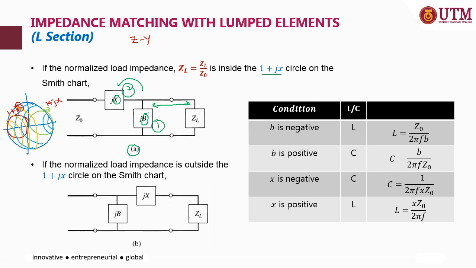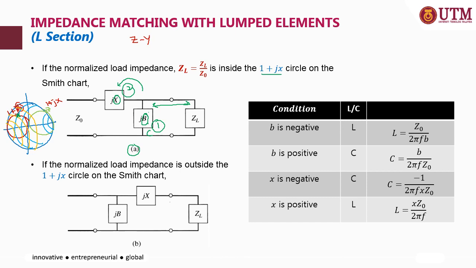All right, in terms of the element, if you get B positive, maybe somewhere here, then the component here will be capacitance, and the equation to get the capacitance value is as shown.